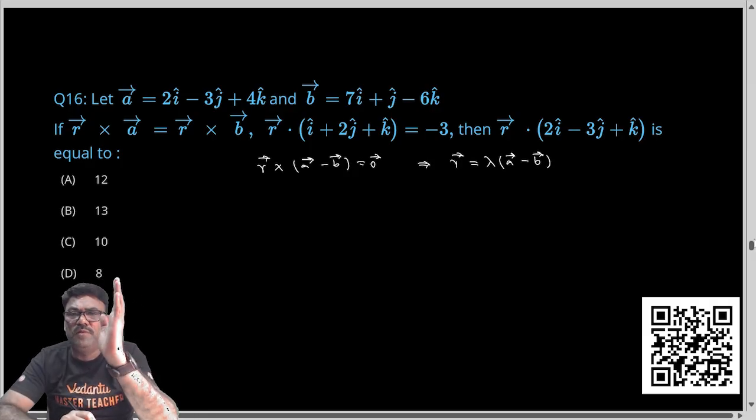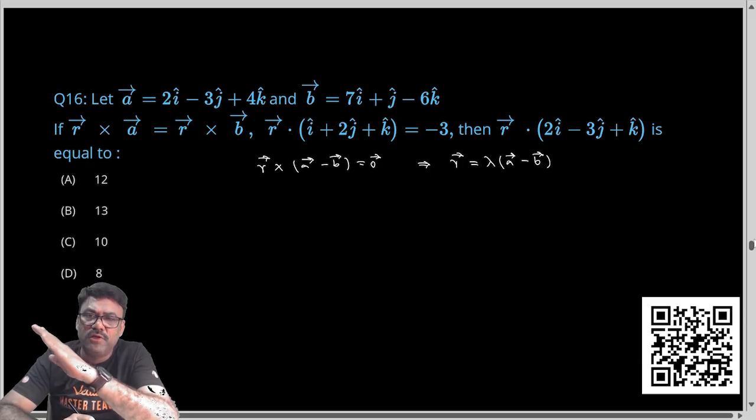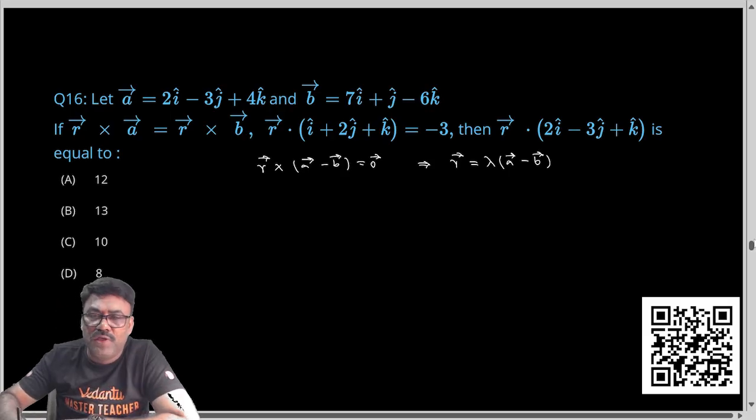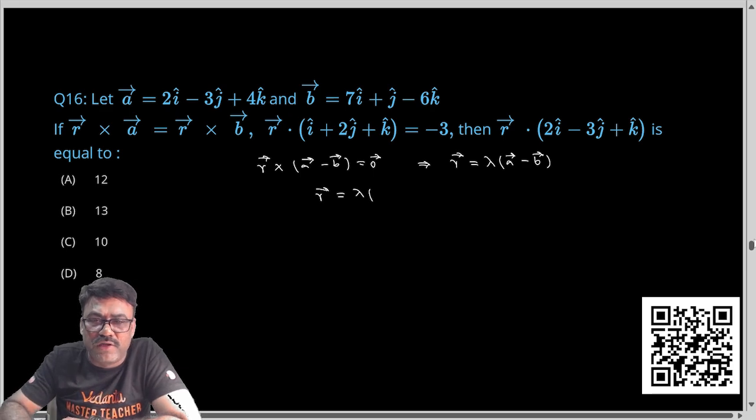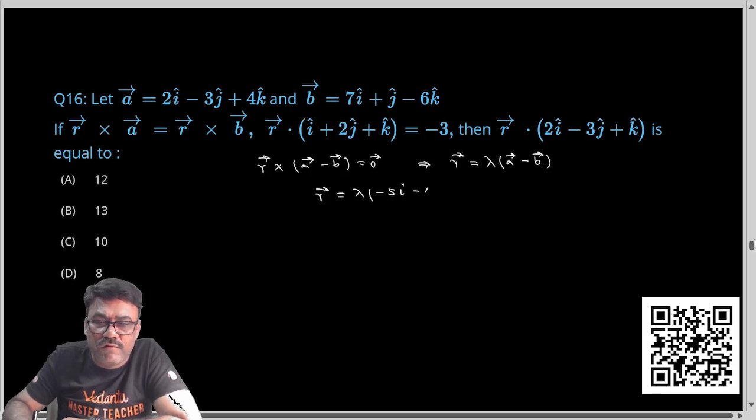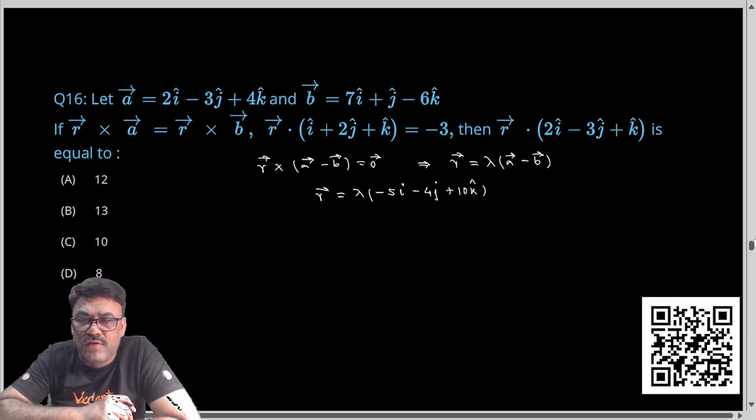Whenever two vectors a and b are parallel, you can write a equal to lambda times b. Since r and a minus b are parallel, you can write r equal to lambda times (a minus b). Now a and b are known, so let's subtract a minus b. You will get minus 5i, 2 minus 7, then minus 4j, minus 3 minus 1, and then plus 10k. This is the r vector.